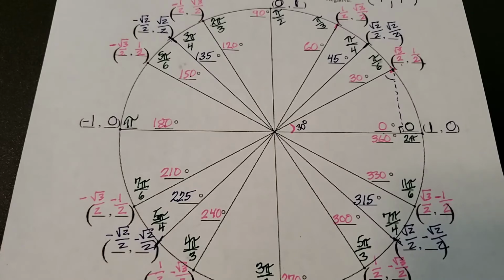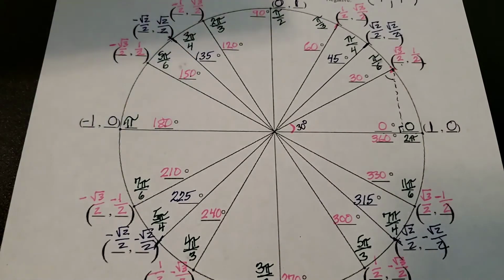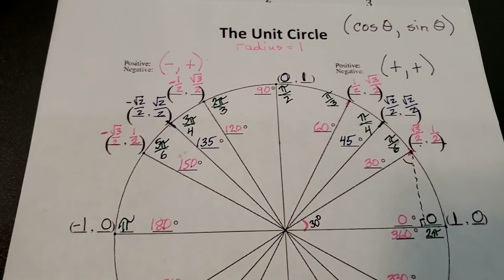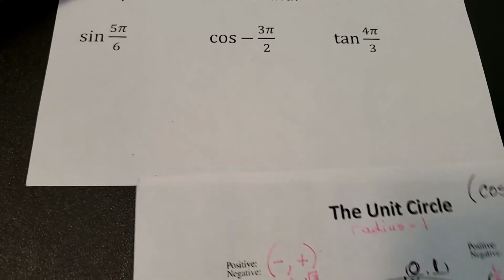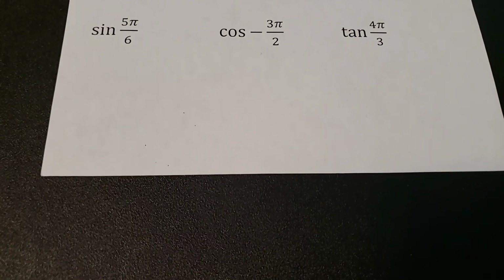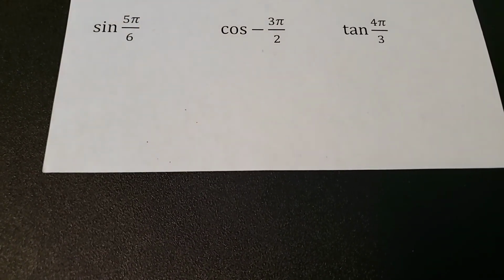But we will use those same ideas that cosine is x and sine is y. And so we can actually find different values here. Let's use our unit circle. I don't know if you can see that. We're going to look for these three values: the sine of 5 pi over 6, the cosine of negative 3 pi over 2, and the tangent of 4 pi over 3.